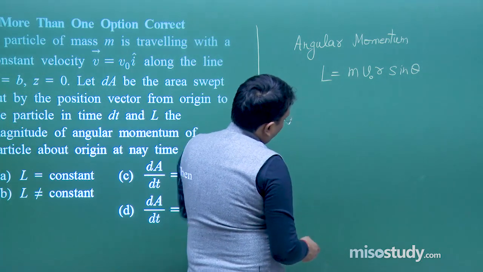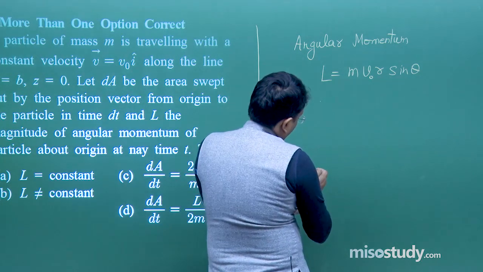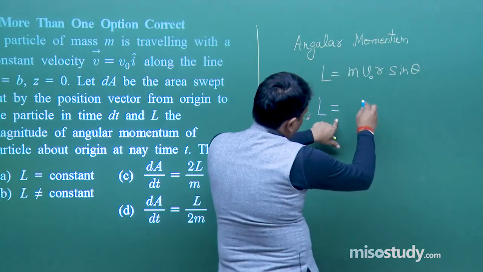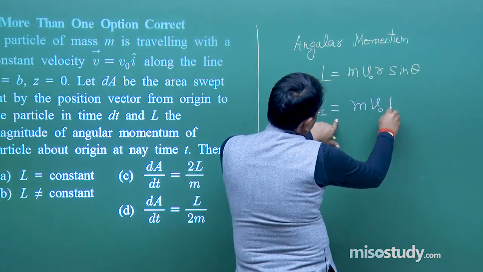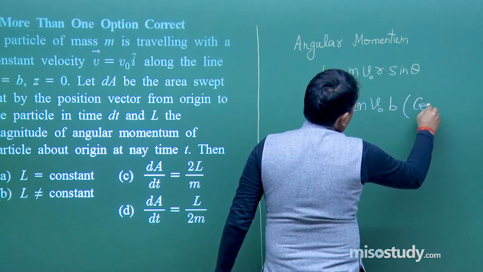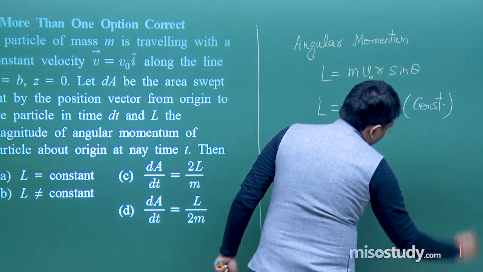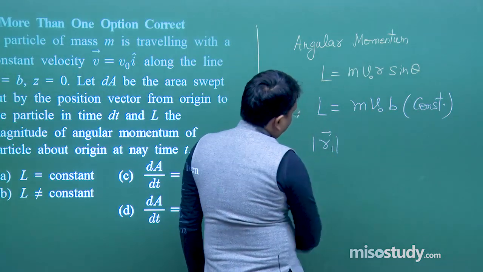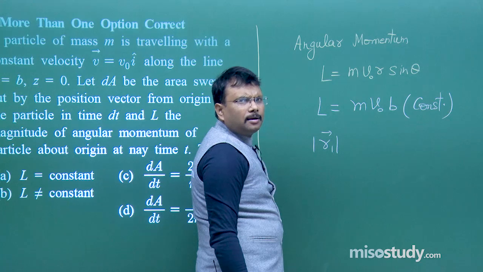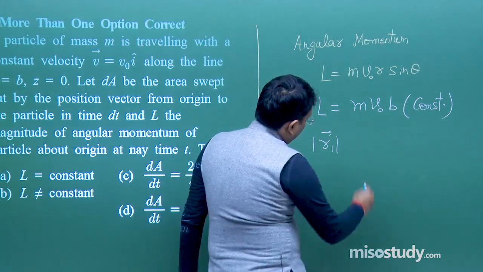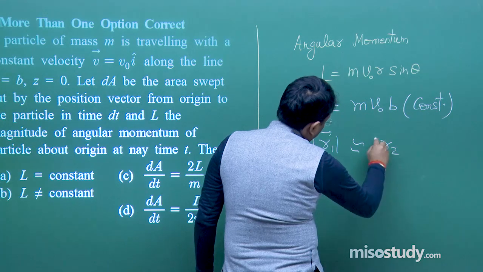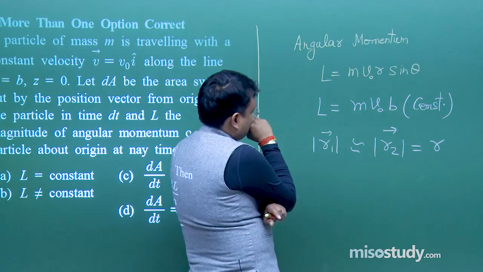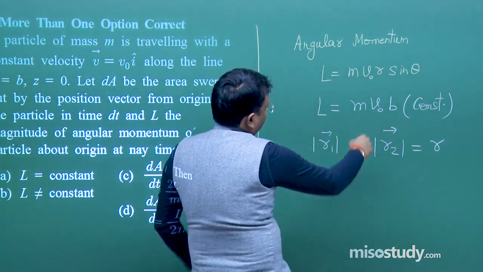Now, from here also I can say L is equal to, from the problem, m v naught b, it is constant. Fine, it is given in the problem, it is constant. Now, mod of position vector r1, we assume that position vector. So, mod of position vector r1, r2, fine. This is the general expression, this is given.